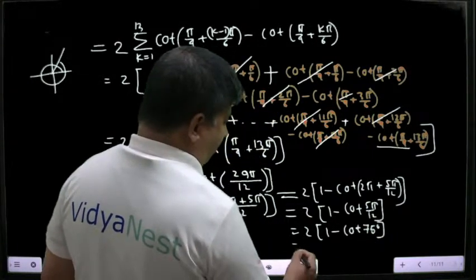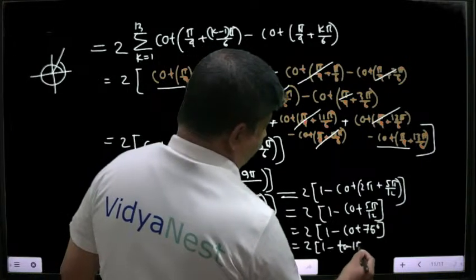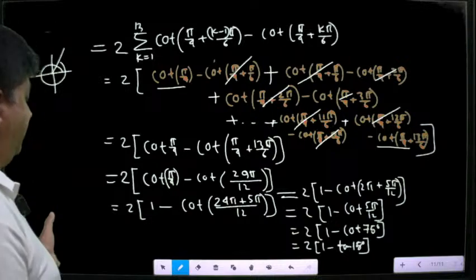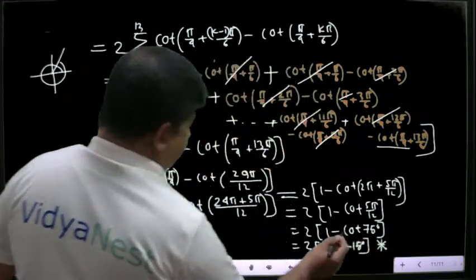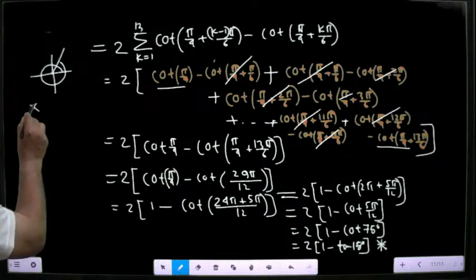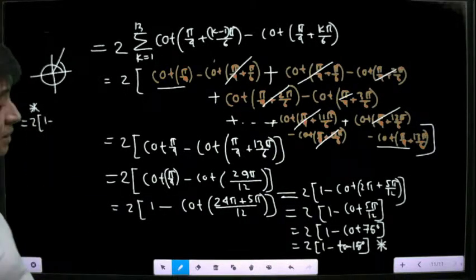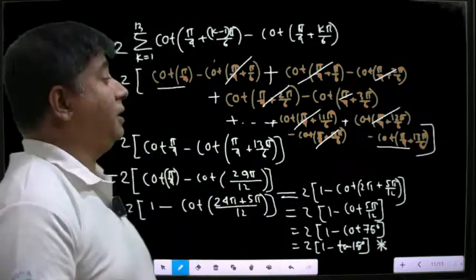Cot 75 degree means tan 15 degree. Okay? Tan 15. Now, 2 into 1 minus tan 15; it is not a standard value. So you can write 45 minus 30.